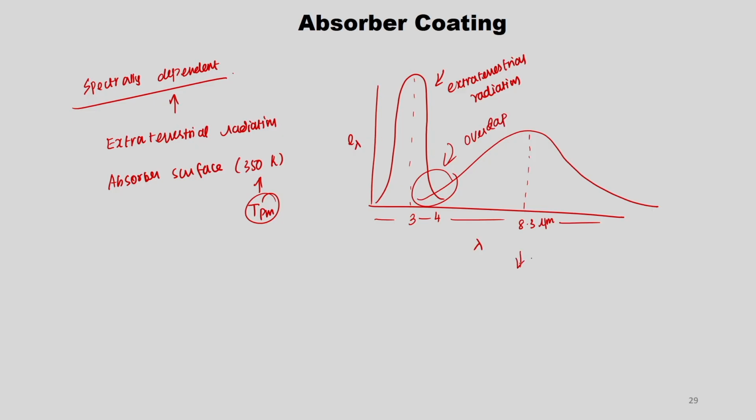Based on this, it is decided that when we choose alpha and epsilon, which is nothing but absorptivity and emissivity, alpha should be unity when the wavelength is less than 4 micrometer. That is where your solar radiation is absorbed. So, we have taken care of absorptivity.